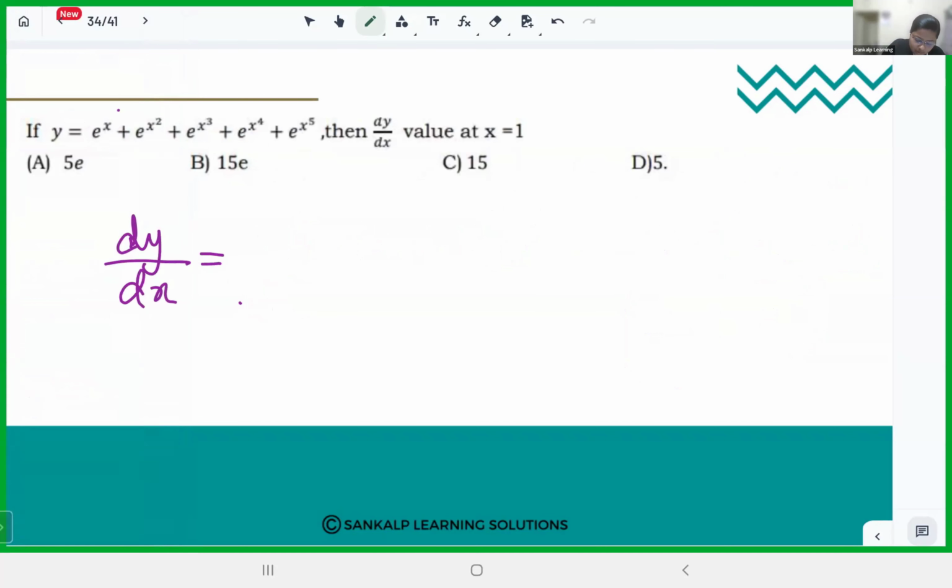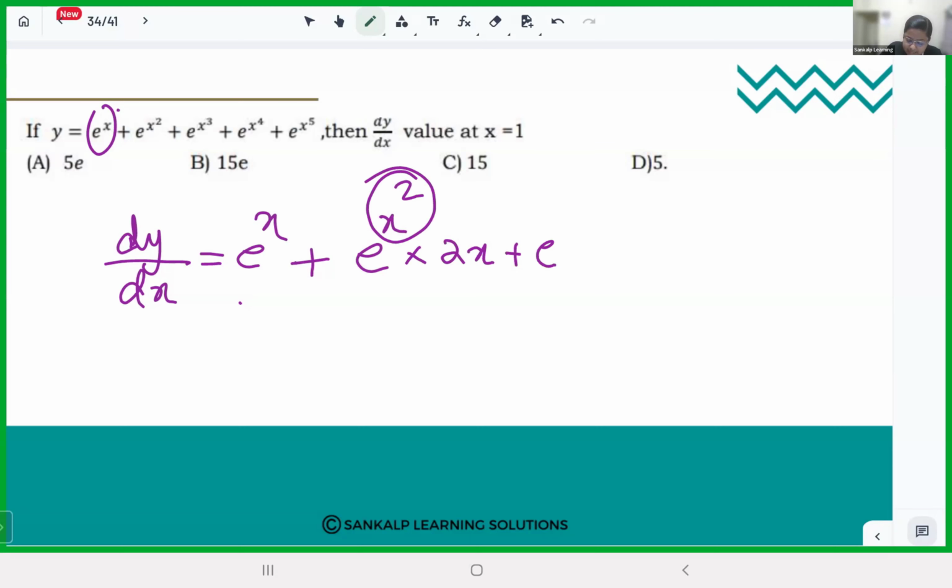We know the derivative of e raised x is e raised x. Plus e raised x square means e raised x square itself, but you have to multiply the derivative of x square because we are assuming x square as x, right? So the derivative of x square is 2x. Plus e raised x cube itself, but you have to multiply the derivative of x cube. What is the derivative of x cube?